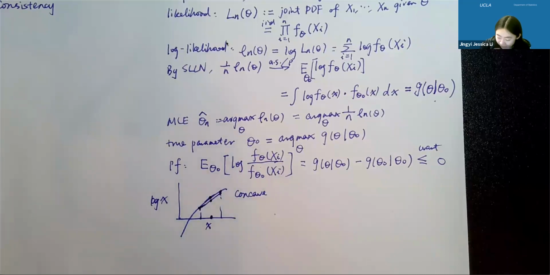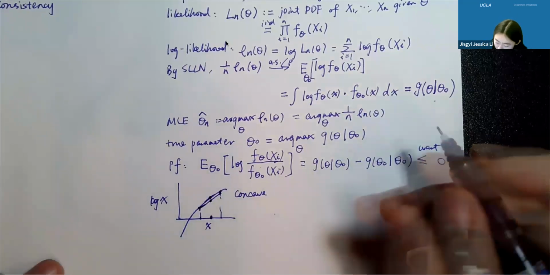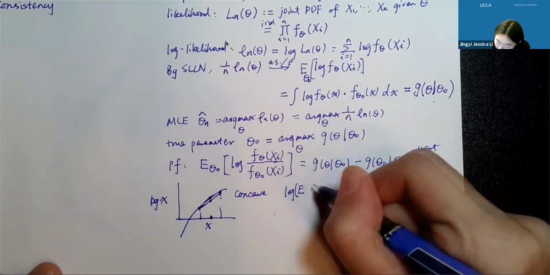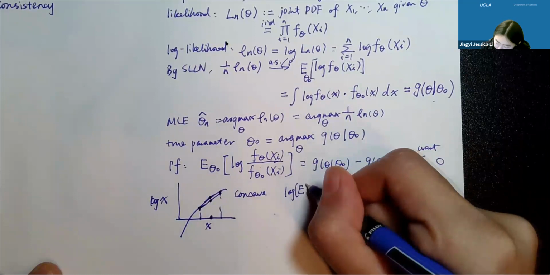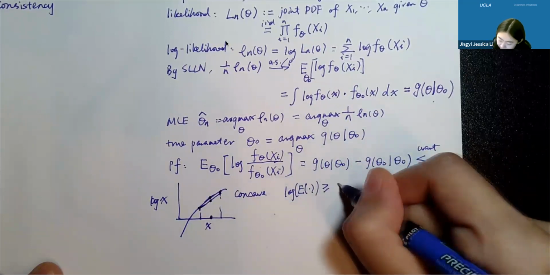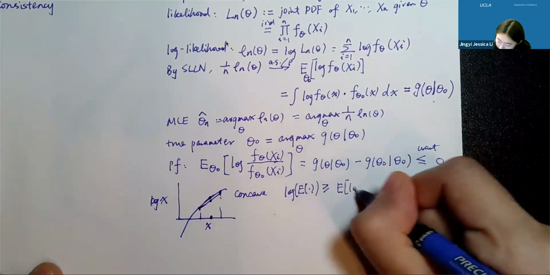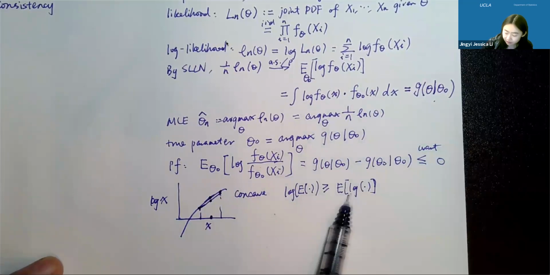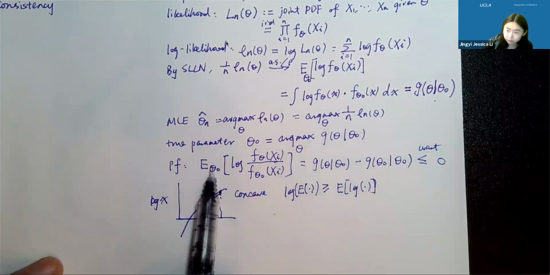So in this case, I would know that the log of the expectation would be greater or equal than the expectation of the log. Okay, so with this relationship, I have the expectation of log.